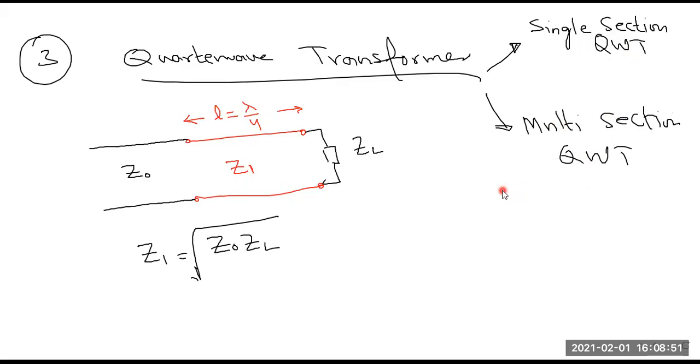The main advantage that we will get from a multi-section quarter wave transformer is bandwidth improvement. This type of matching circuit will give us more bandwidth as compared to this one. Let me continue this discussion in the next session.